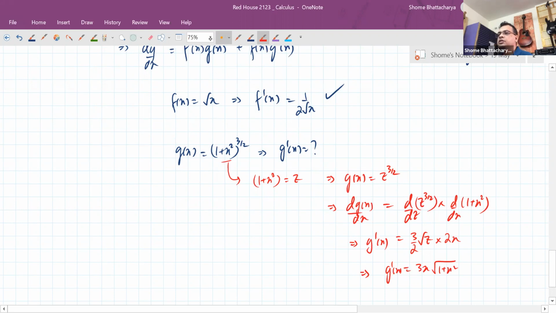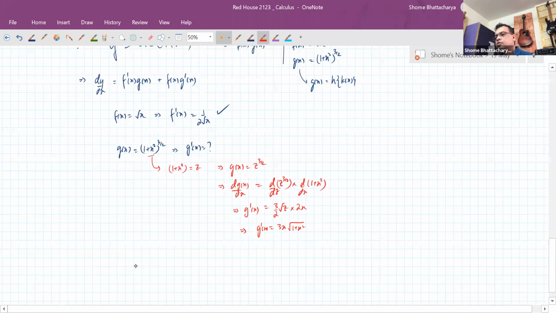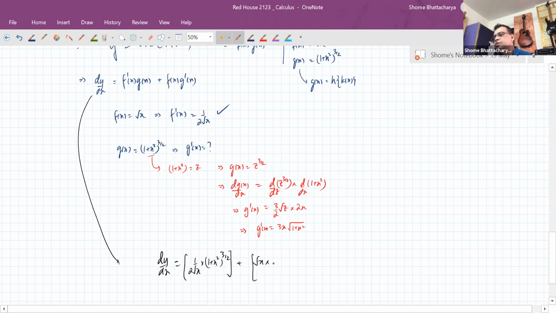Now we go back to the original function and substitute in the derivative. It becomes f prime of x into g(x), so f prime is 1 by 2 root x into g(x), which was this function, plus f(x), which was root x, into g prime x, which is now this function.